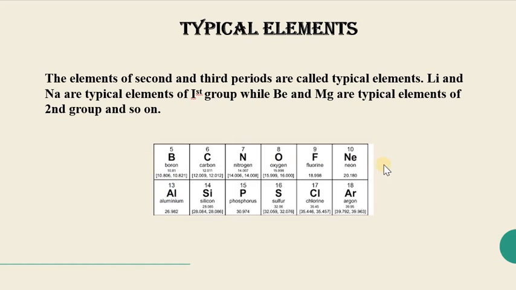So in the second period, lithium, beryllium, boron, carbon, nitrogen, oxygen, fluorine and neon are the typical elements. And same for the third period: sodium, magnesium, aluminium, silicon, phosphorus, sulfur, chlorine and argon. These are the typical elements.